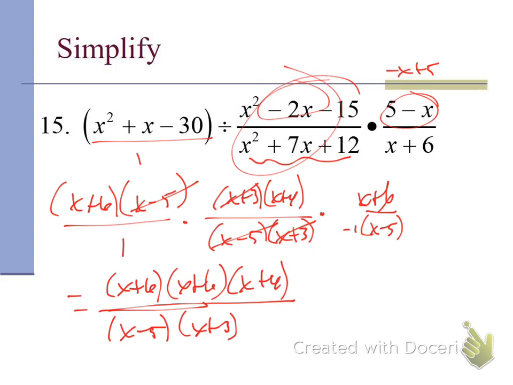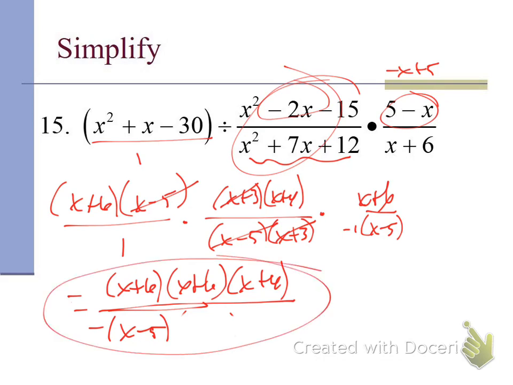Wait, no, sorry. The x minus 5 times negative 1. The x plus 3 is already gone. It's already divided out. And there we go.